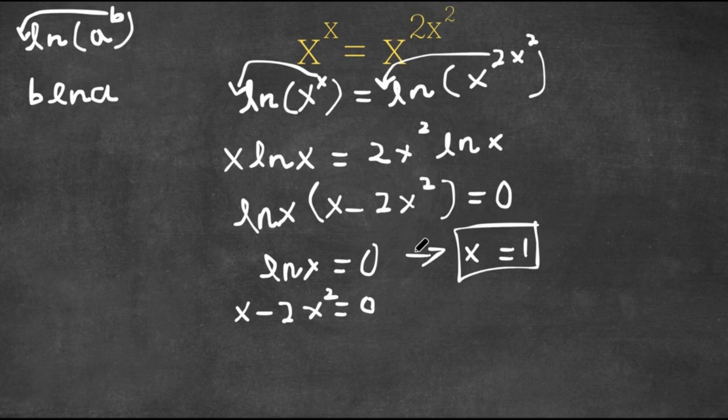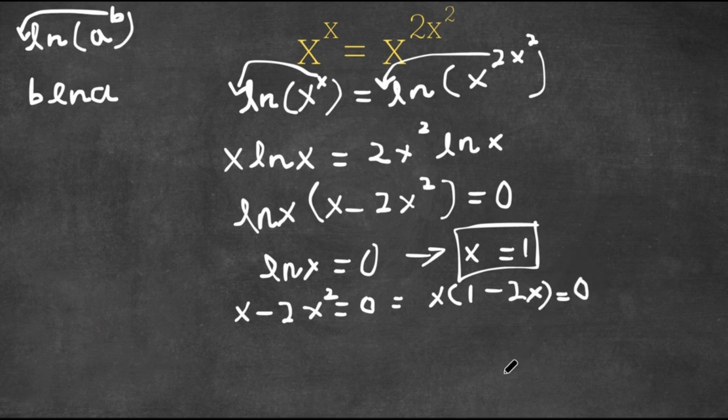And for x minus 2x squared equals 0, this is equal to x times 1 minus 2x is equal to 0.